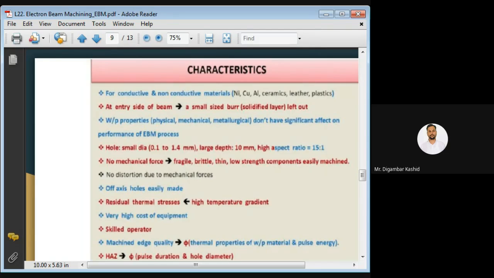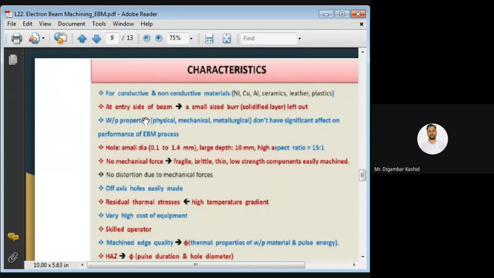This means workpiece materials like nickel, copper, aluminum, ceramic, leather, plastic; any kind of material can be machined by this process. Now at the entry side of the beam, it is observed that there is a burr.